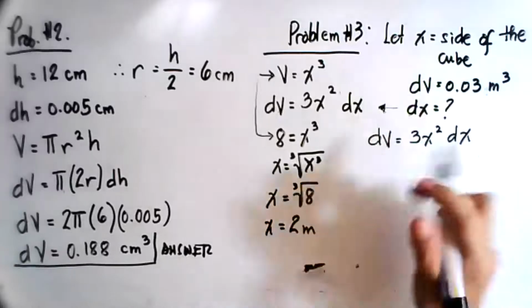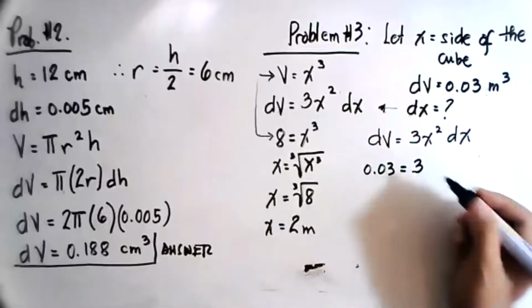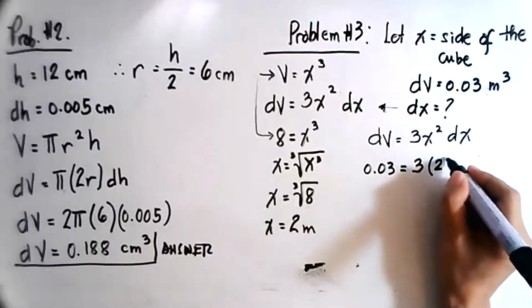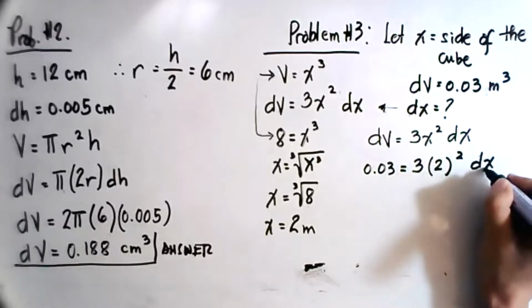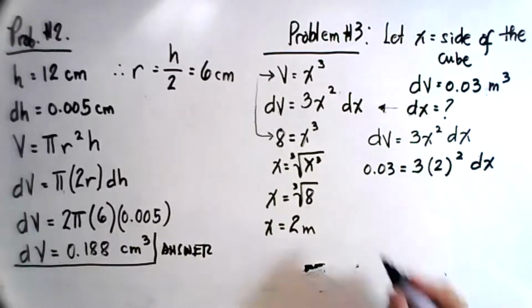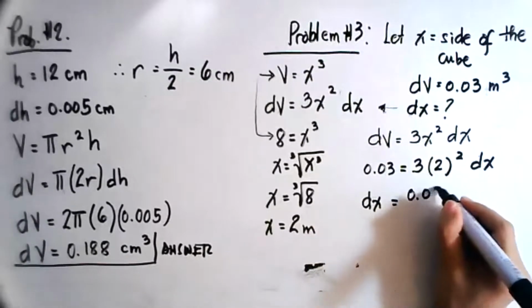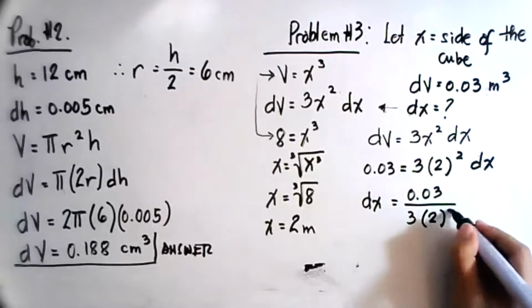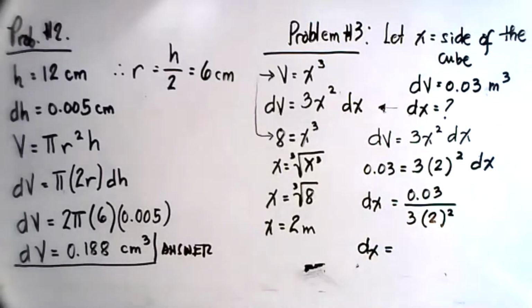Remember that dV is 0.03. 3 is a constant. Then we have the value for x, which is 2, so that would be squared. And then the unknown value for dx. So that means dx is equal to 0.03 over 3 times 2 squared. Then dx is equal to what? What is the value for dx?